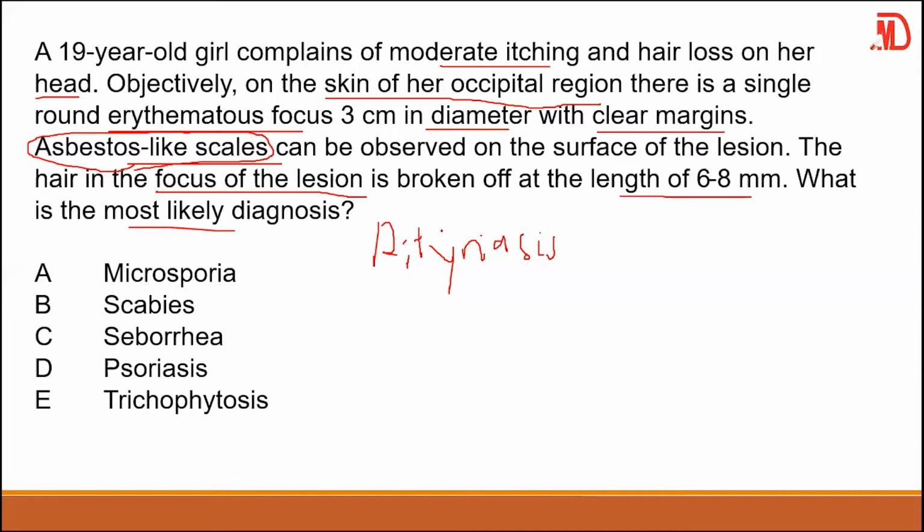That's the name. So this over here is microsporia, but I don't know. Again, I stand to be corrected about my diagnosis, so feel free. But I would have gone for pityriasis because of the characteristic of the lesion, which is asbestos-like scales. All right.